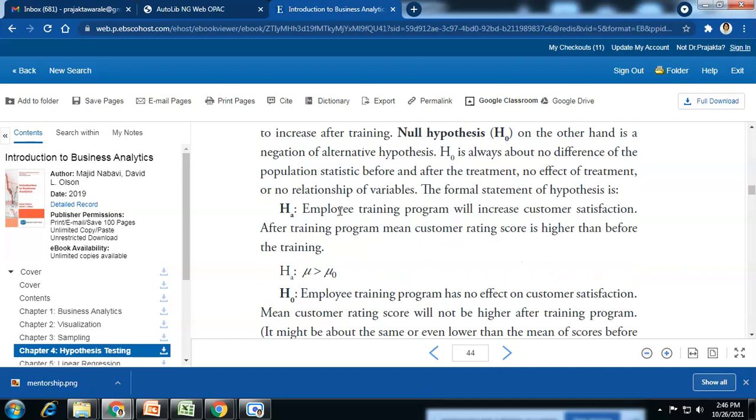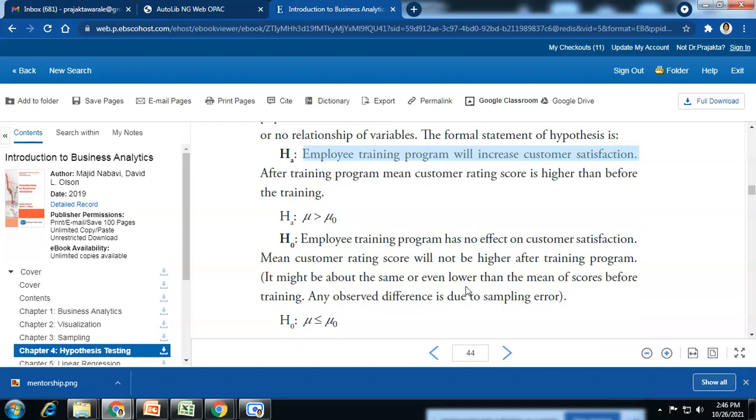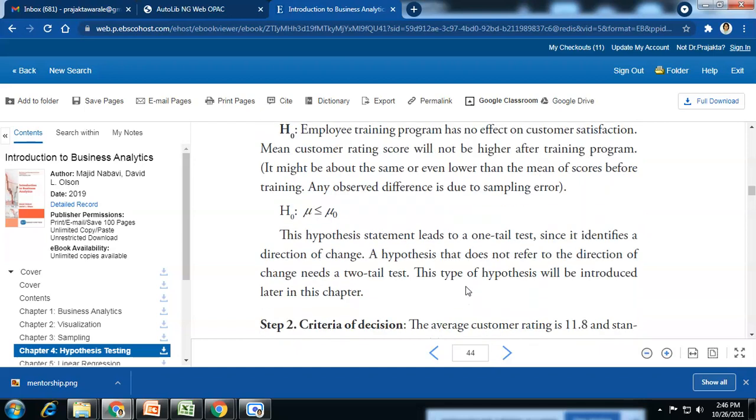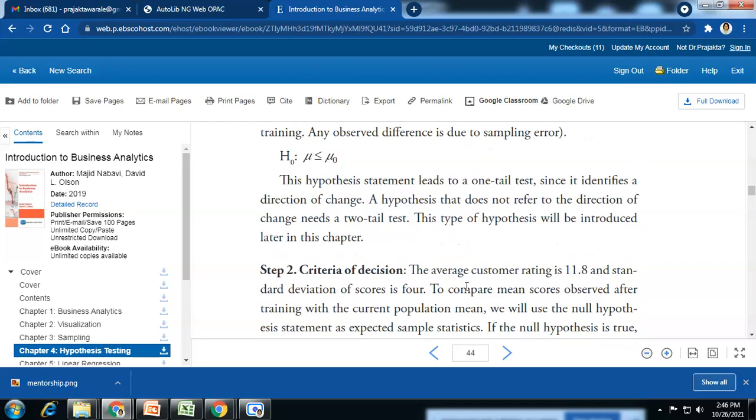Or you can state your hypothesis in general terms, like: the employee training program will increase customer satisfaction. This is how you define different types of hypothesis.